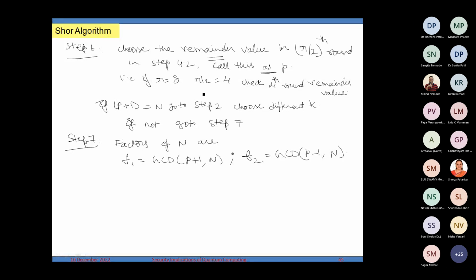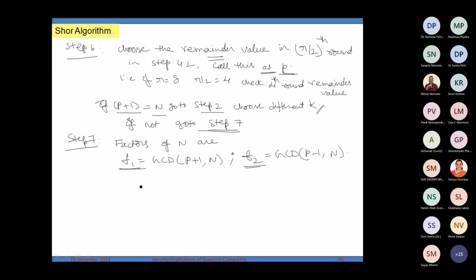So obviously I am checking the r by 2th remainder value, and I am calling it p. Now one more condition I am checking. If my p plus 1 is equal to n, I go to step 2 and choose a different k. If not, I go to step 7. What is my step 7? It gives me my factors f1 and f2 of the number n.